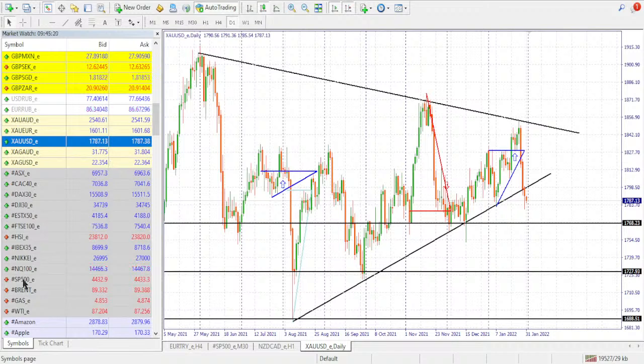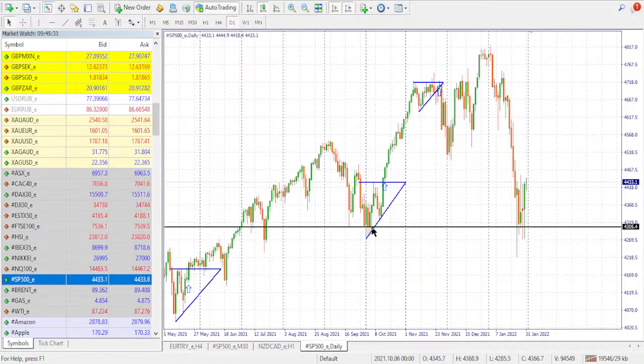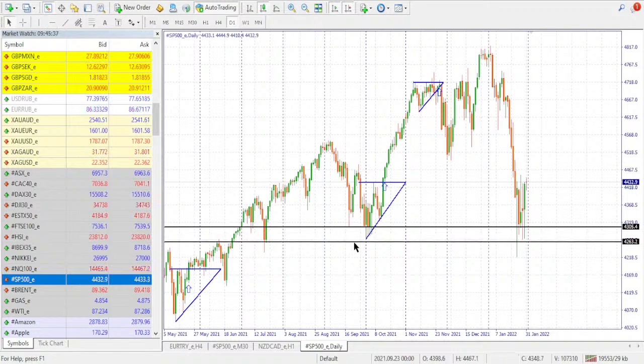Move forward. The next symbol is the SP500. So the SP500, if you remember what I said previously, we were actually looking for a buy position because we had a support here. If you bought it with us last week, you can see that the price has actually gone very much our way. So we still expect an extension to the upper side.